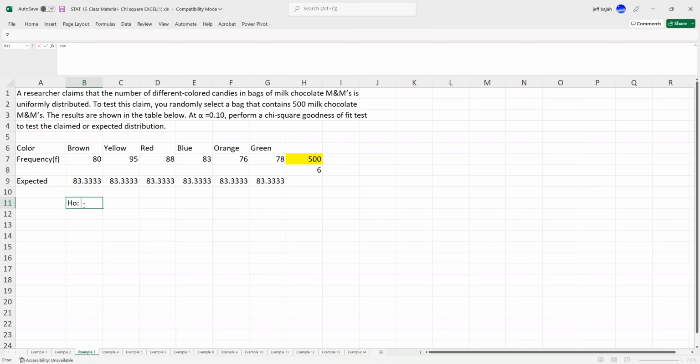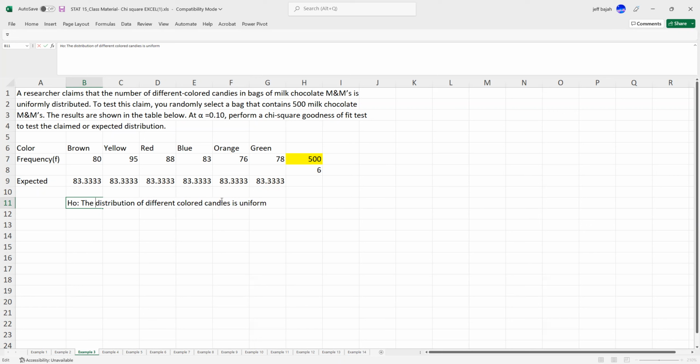So in H sub 0, we're going to say that the distribution of different colored candies, or M&M candies, is uniform, right? Just keeping it very light, making the statement without writing too many things, right?